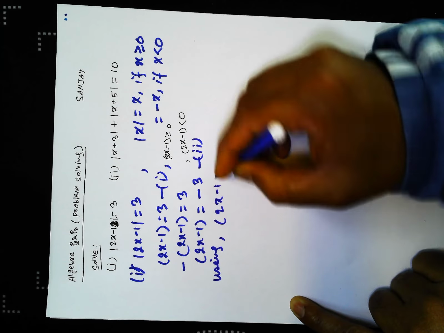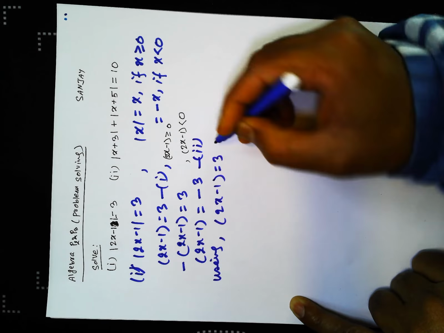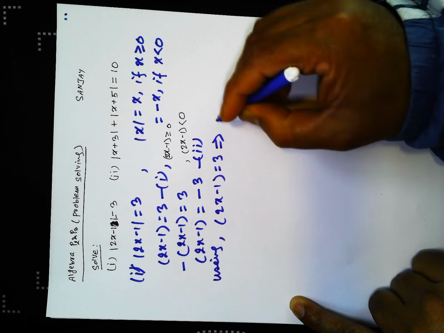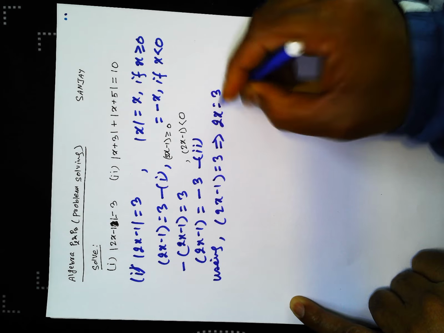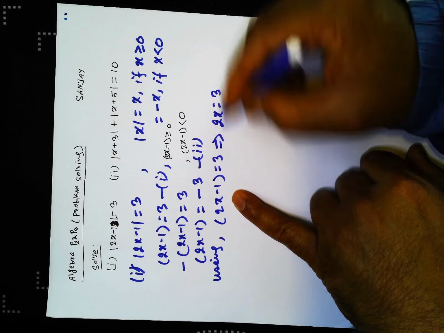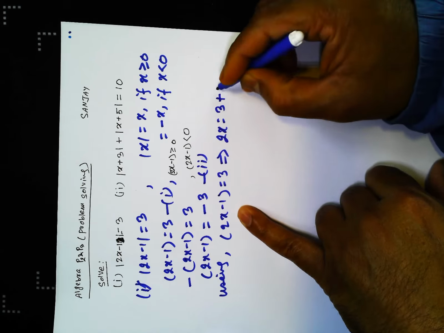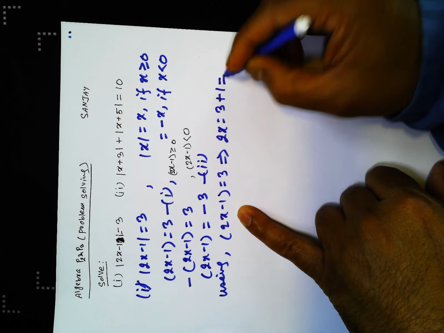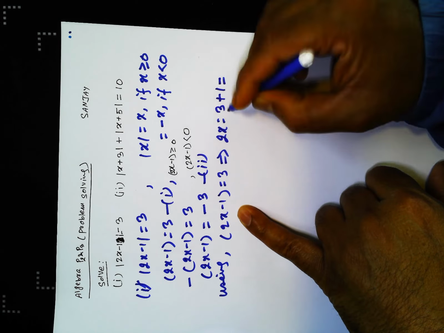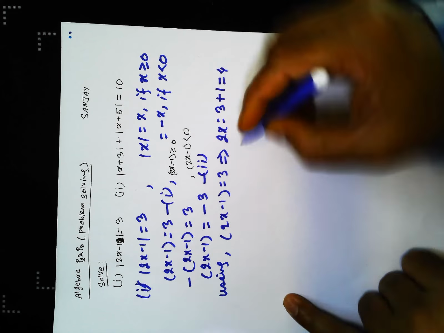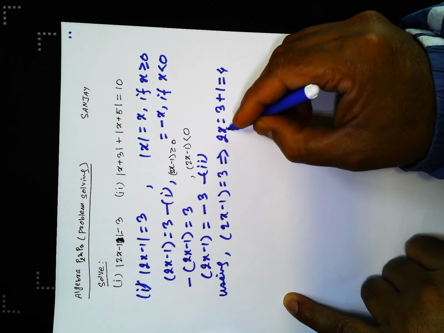2x minus 1 equals 3. That gives you 2x equals 3 plus 1, because if you transpose the minus 1 to the right side, it is going to be plus 1, and 3 plus 1 is 4. Now 2 is multiplied to x.